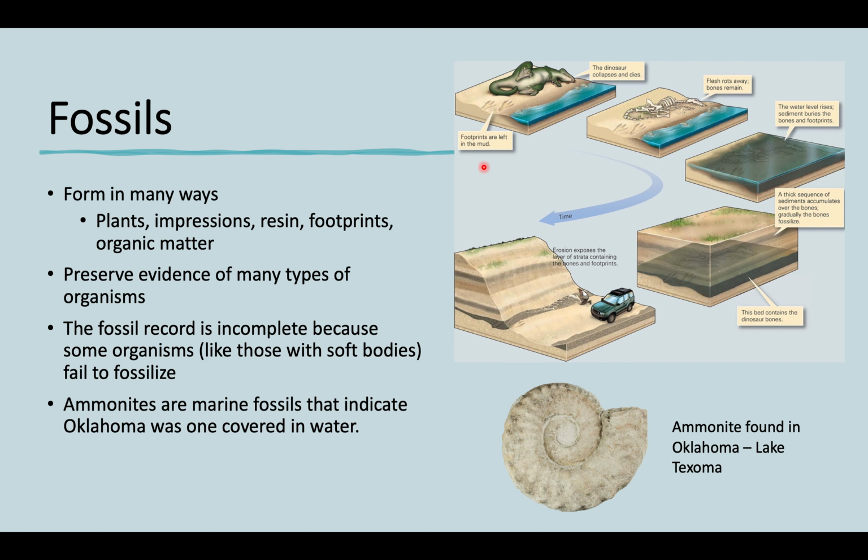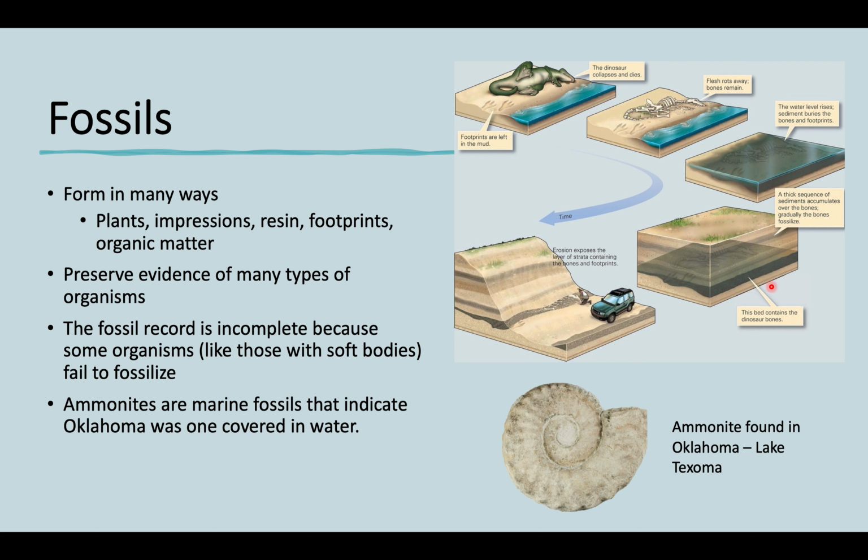For example, you could have fossilized footprints and impressions. They're left in the mud, the dinosaur itself collapses and dies, the flesh rots away, the bones remain, and then over time the water level rises, sediment buries the bones and footprints themselves, and a thick sequence of sediments, or dirt and rock, accumulates over the bones.